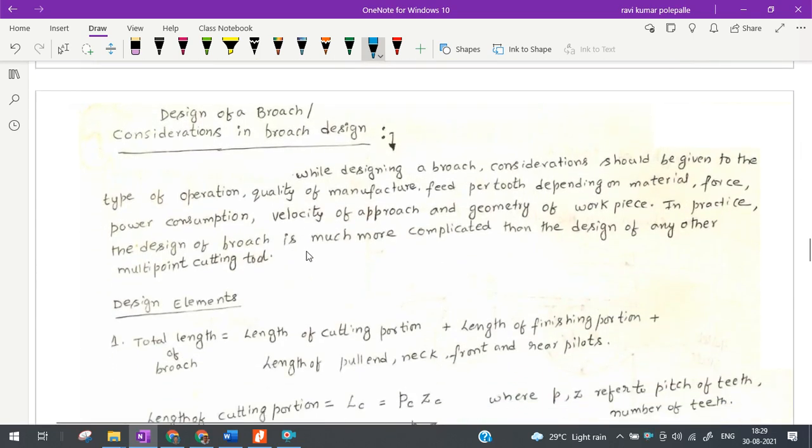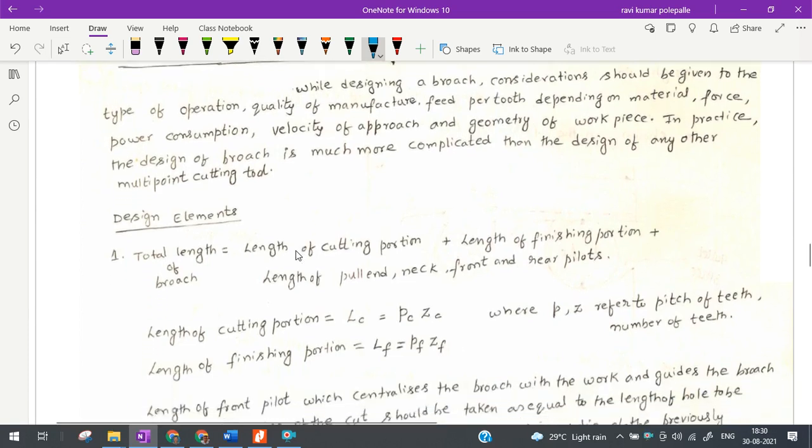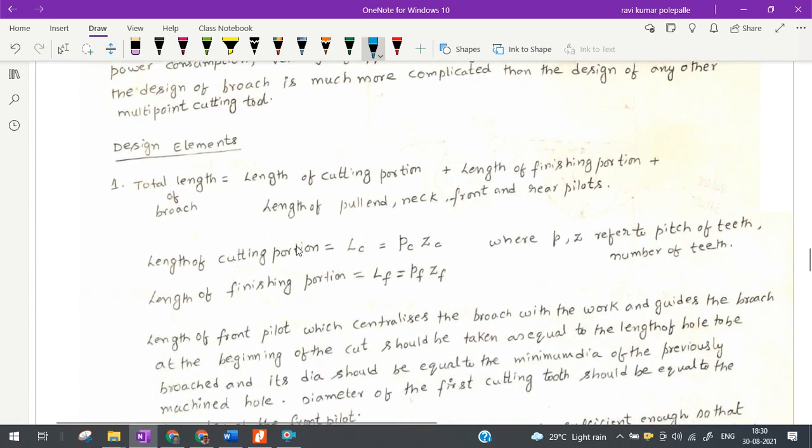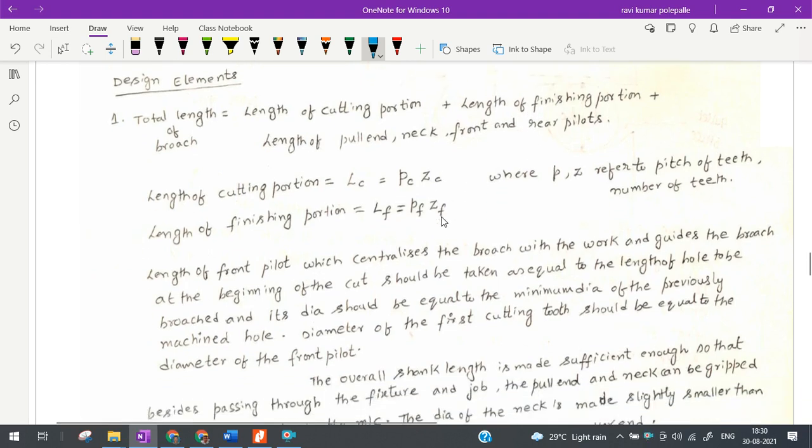Okay, let us look to what are the considerations that are observed in design of this broach tool. First, we have to design what should be the length of the broach. So total length of broach is equal to length of cutting portion, length of finishing portion, length of pull end and neck, front and rear pilot.